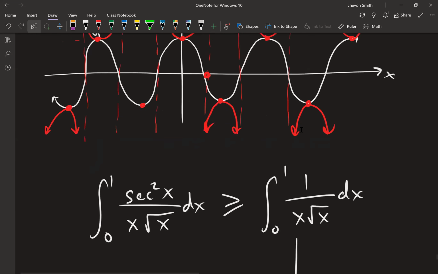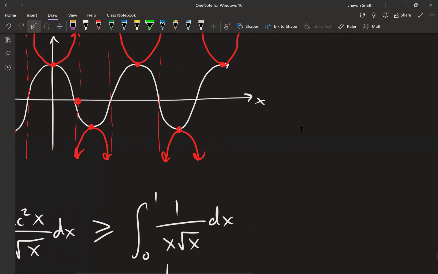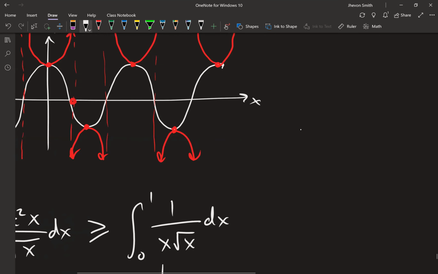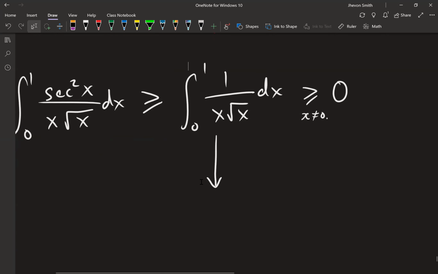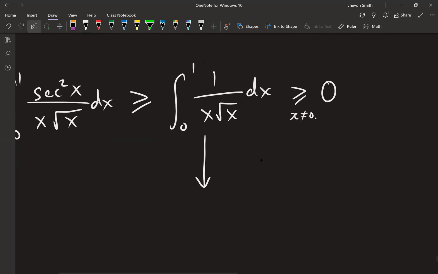Now, that guy for sure, for x not equal to 0, you can't be at 0, you don't know what's going on at 0, is definitely bigger than 0. At all points except 0, it's going to be bigger than 0. So let's focus on just this guy right here. This would be like the limit as n approaches 0 from the right of the integral from n to 1 of 1 over x to the 1 plus x to the half, that's x to the 3 halves.